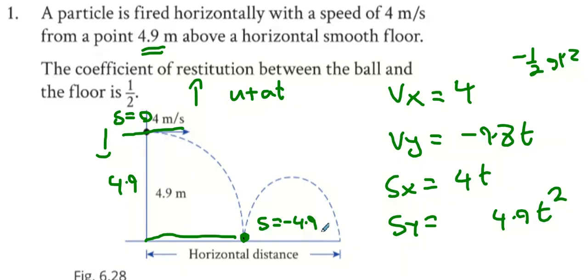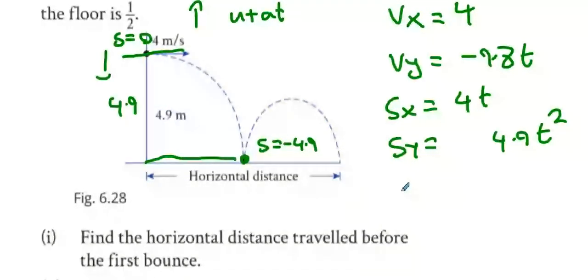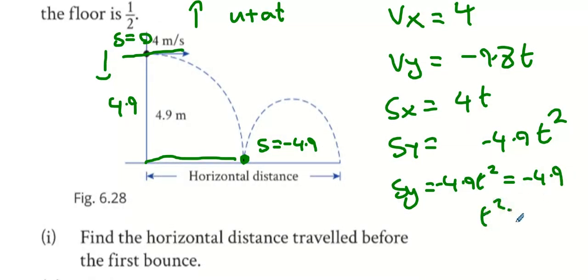Why is it minus 4.9? You've gone down 4.9. And it's an Sy distance, isn't it? So Sy, which is minus 4.9 t squared, is the same thing as minus 4.9, so t squared equals 1, therefore t must equal 1.